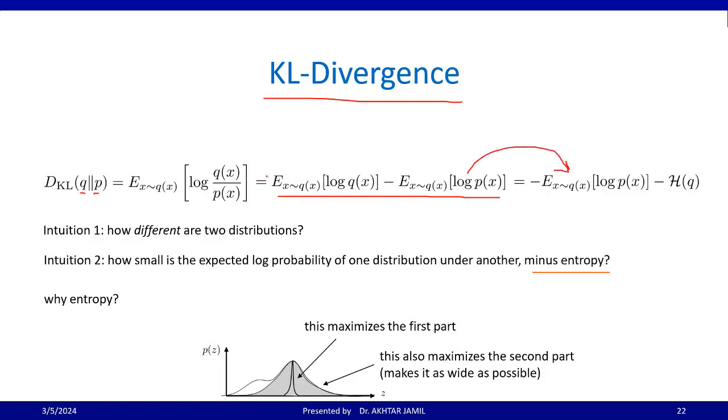If you notice, this is nothing but the entropy of the distribution Q of x, the log of Q of x, so we have written it as H of Q. Again, it is the entropy here. So this KL divergence is also telling us the same thing that we have been discussing.